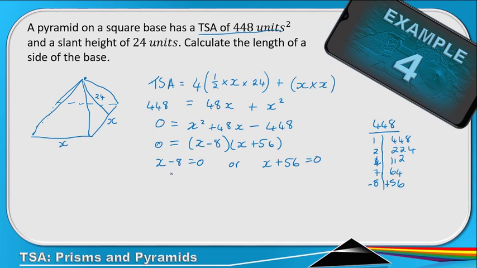Solving for that, x is equal to 8 or x is equal to negative 56. And since a distance can't be negative, this is not applicable, so NA. This then becomes our answer for the length of the base there, x.